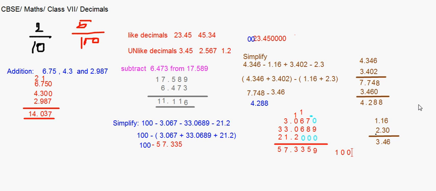Now the one which we are subtracting from 100, that is 57.335, has 3 decimal places, so we will be adding 3 decimal places here as well. And then I have 57.335 to subtract.